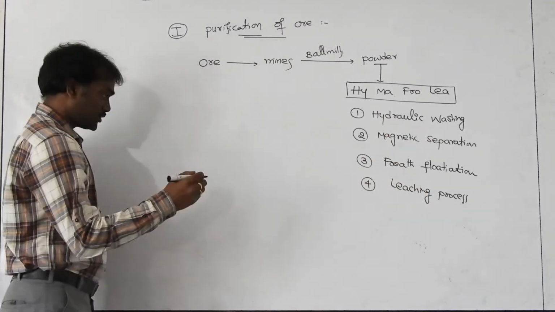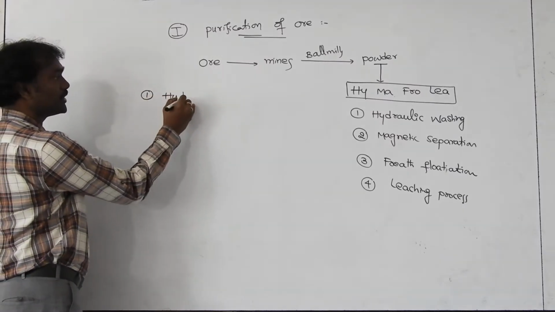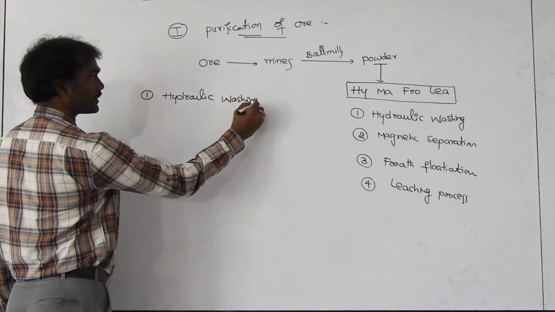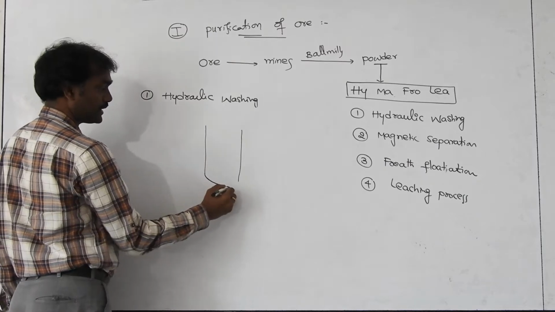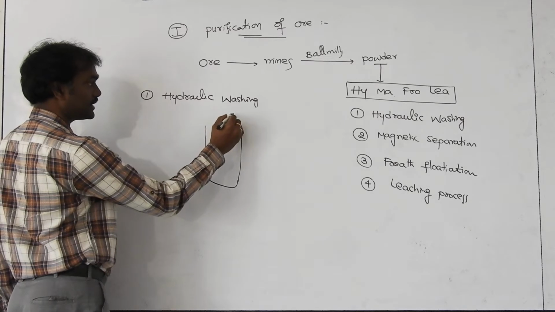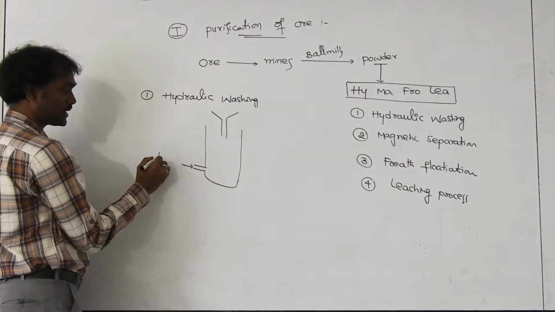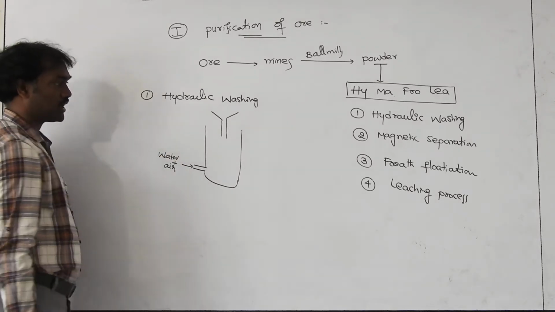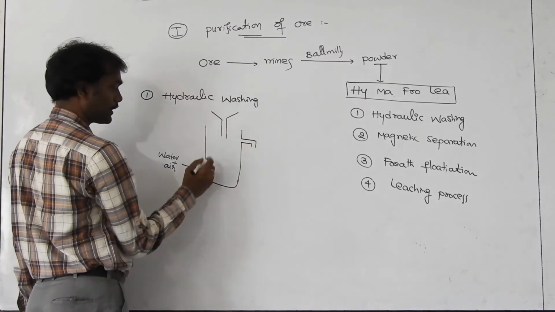So first one, hydraulic washing. What do they do in hydraulic washing? They take a very big tank. From the bottom they send water with air; air and water are both mixing.